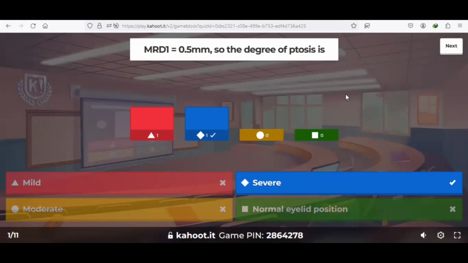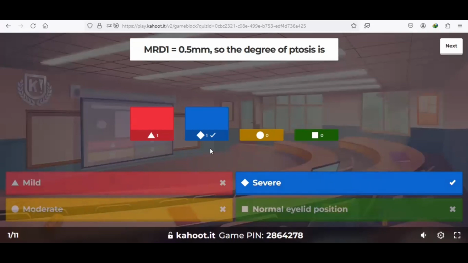So you have to look at the screen from your laptop and answer on your phone. See how difficult it is. So what is the question? I will read it, but for the next question you have to read it silently. MRD1 is 0.5, so the degree of ptosis is mild, moderate, severe, or normal. The correct answer is severe.